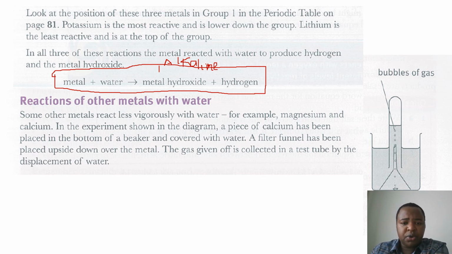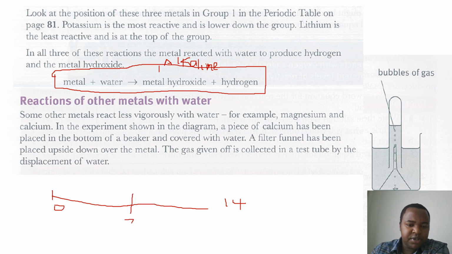For those who don't know about alkaline pH, we have a pH scale from 0 to 14. This is the pH scale. 7 is the neutral position, and 14 is at this end. This side is for bases, and this side is for acids.